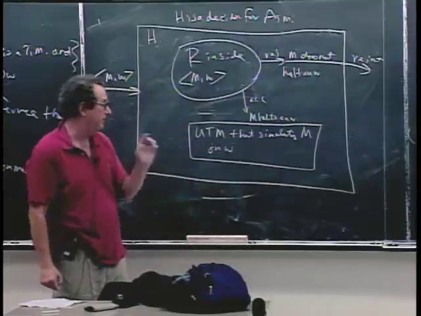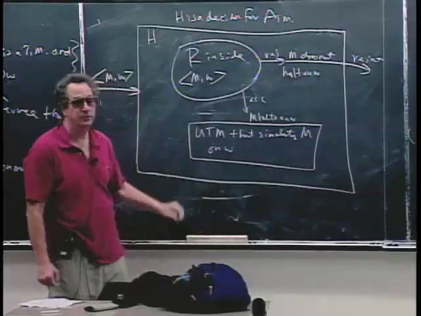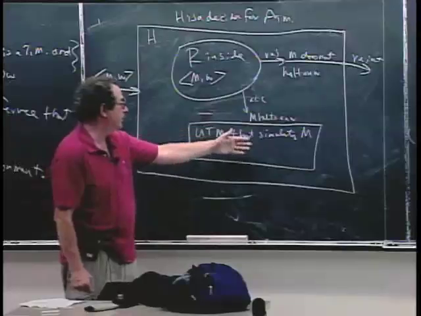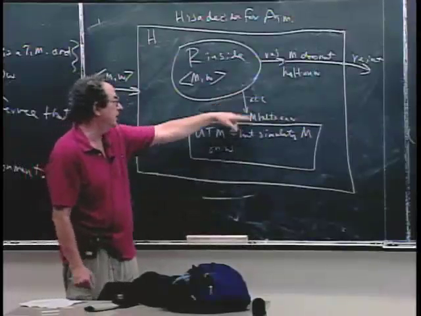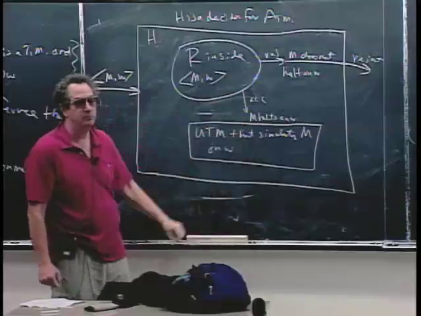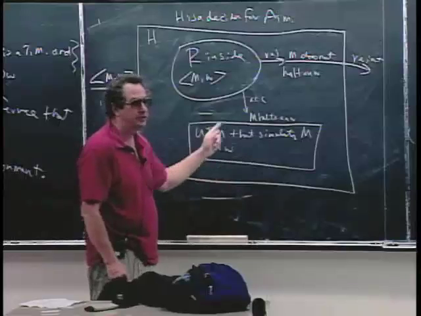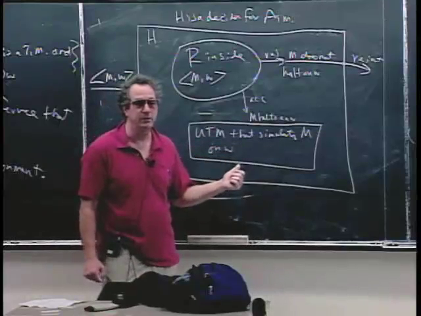And this simulation will do exactly what M would do on input W. Now, there's no worry that M might not halt, because we've already decided here that yes, M will halt on input W.